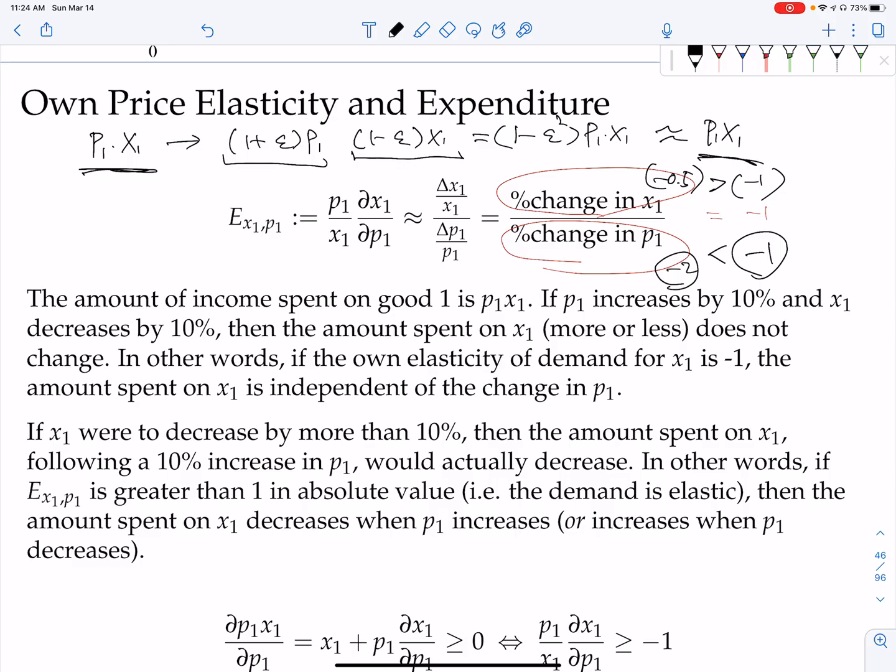So if price goes up by 1% and demand goes down by 0.5%, the product of the two will go up by approximately 0.5%.